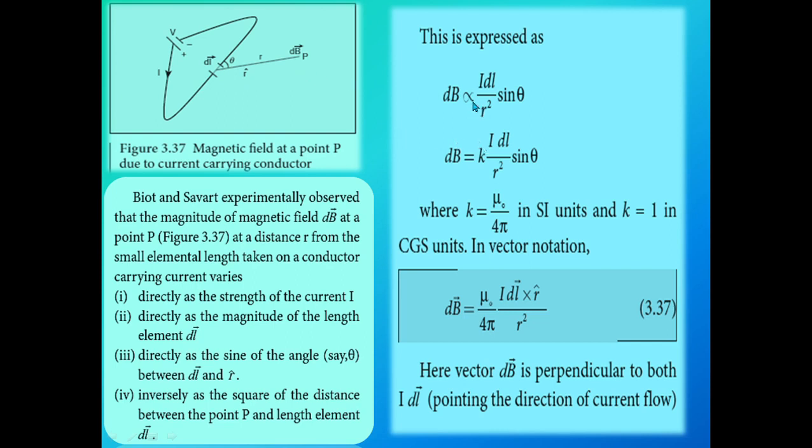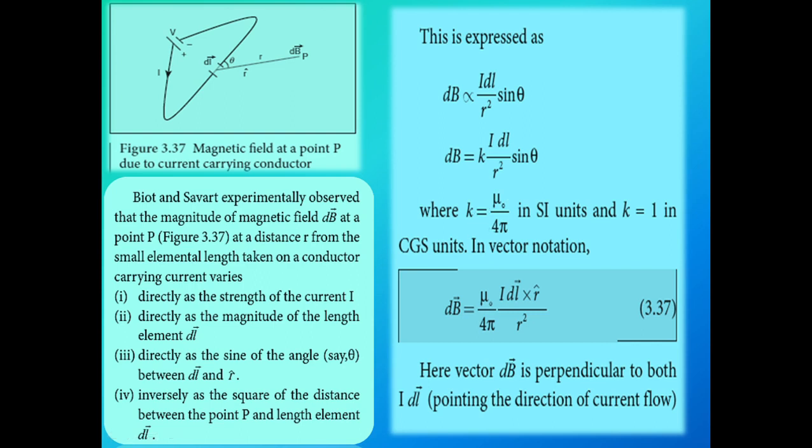To remove this proportionality, we multiply by a proportionality constant. We obtain from this formula dB is equal to k I dl divided by r square into sin theta, where k is the proportionality constant.